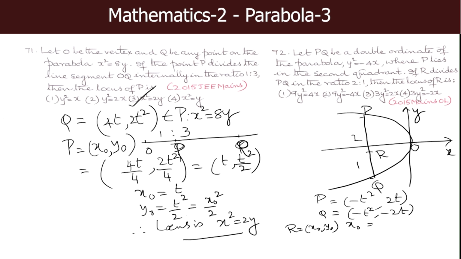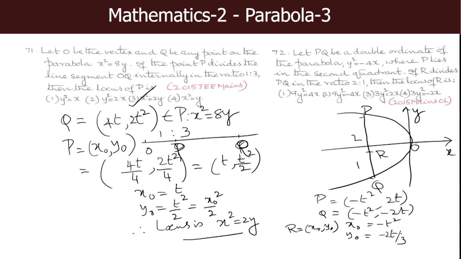R lies on the double ordinate through P. So, the x coordinate of R is the same as the x coordinate of P and Q, that is minus t square. There is no need to apply the section formula. For y0, you have to apply 2 into the y coordinate of Q, minus 2t, that is minus 4t, plus 1 into 2t, divided by 3, that is minus 2t by 3.